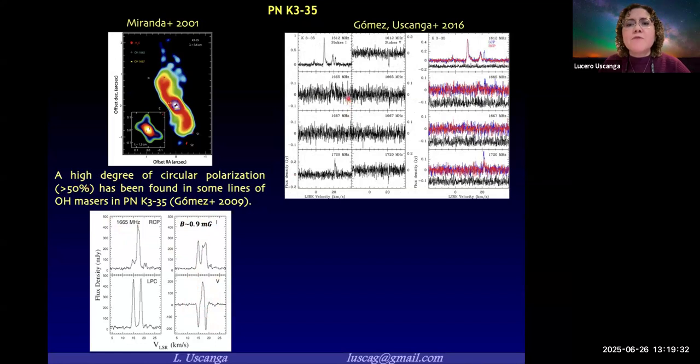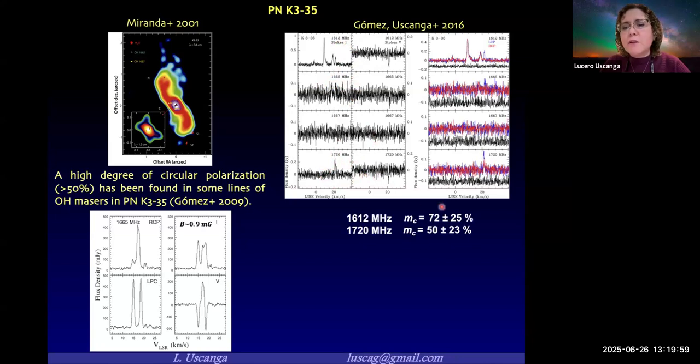A few years later from this study, we decided to observe this source again using the Australia Telescope Compact Array, but we were not able to detect the transition at 1665 megahertz, but we do detect the transition at 1612 and the transition at 1720 megahertz, that is also present in other sources, interestingly.